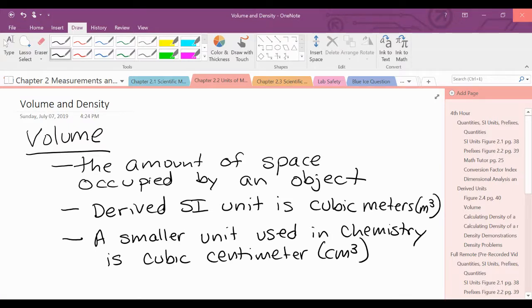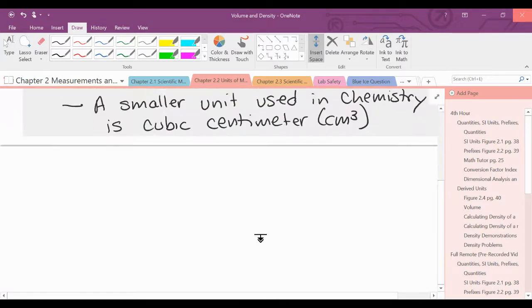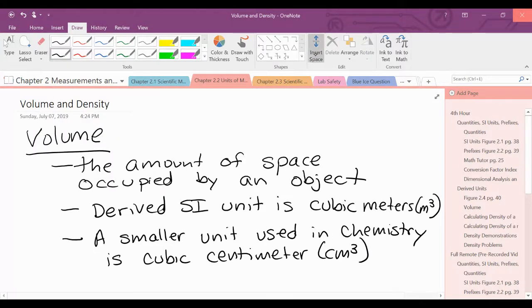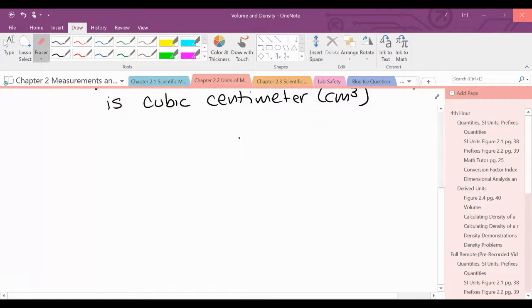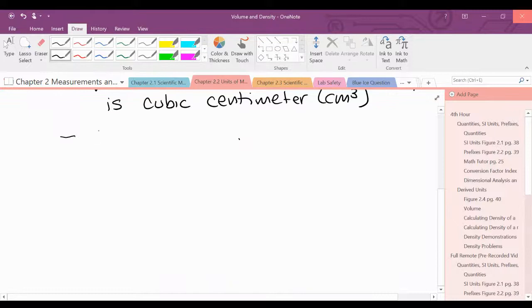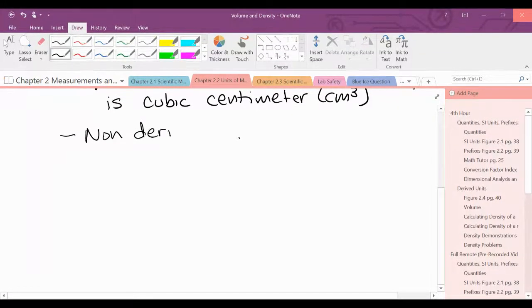And then a non-SI unit to use to measure the volume of a liquid, a non-derived unit, is a liter, or milliliter. So a non-derived measurement is a liter, or milliliter.